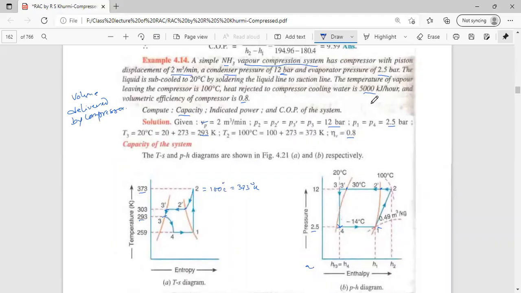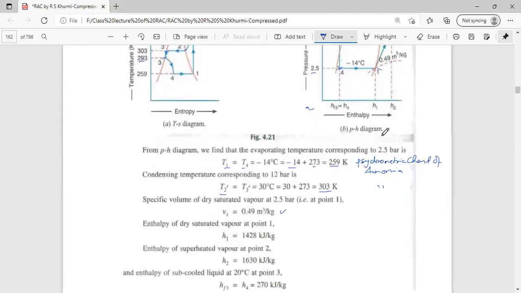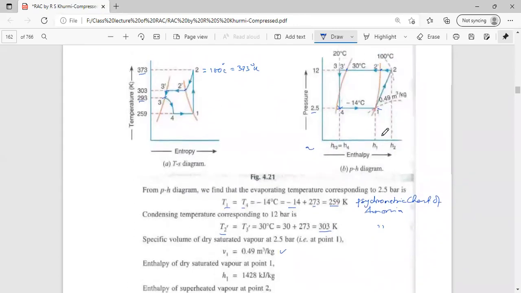Specific volume, in cubic meter per kg, at the point 1 is also available from the chart itself. The enthalpy of dry saturated vapor at point 1 is H1, which is also given from the chart itself.